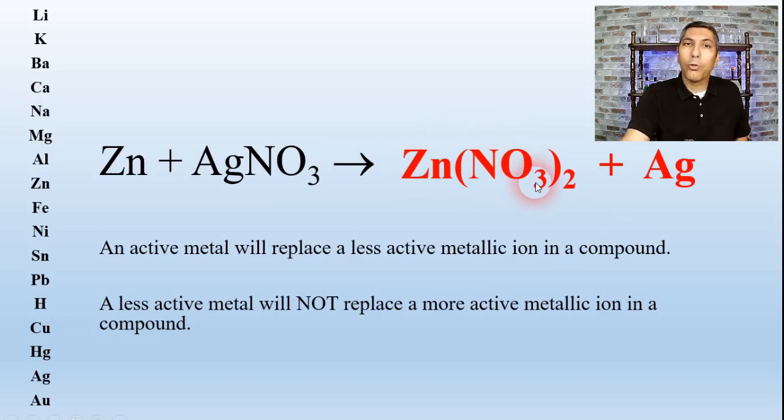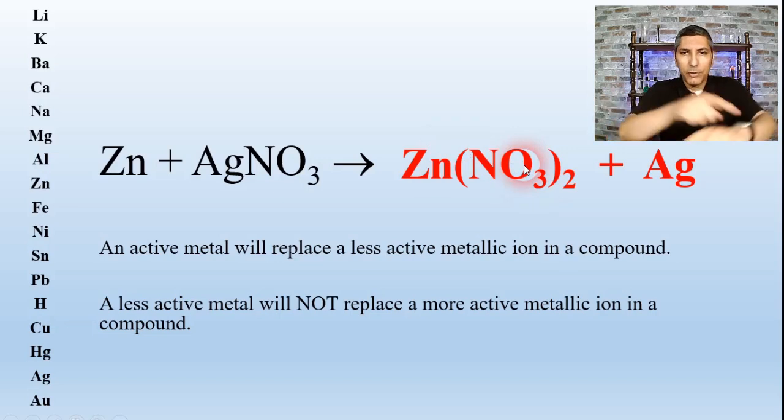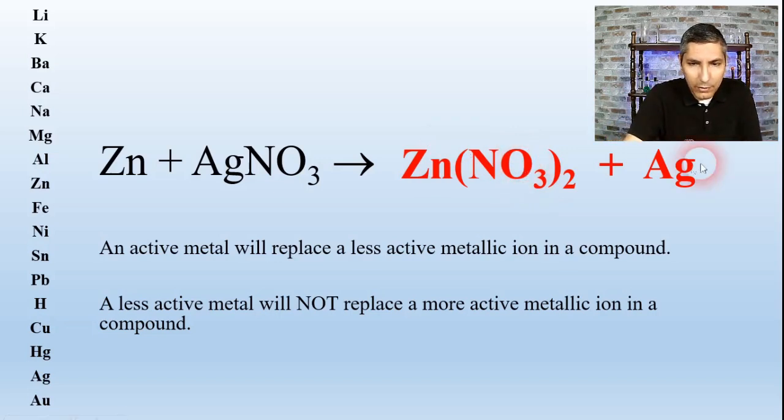And then NO3, the nitrate ion, has a -1 charge. So +2 and -1, we have to swap those charges. And so that's why we have a 2 and parentheses around this. So that's your set of products for this reaction. Zn(NO3)2, and silver metal, Ag.